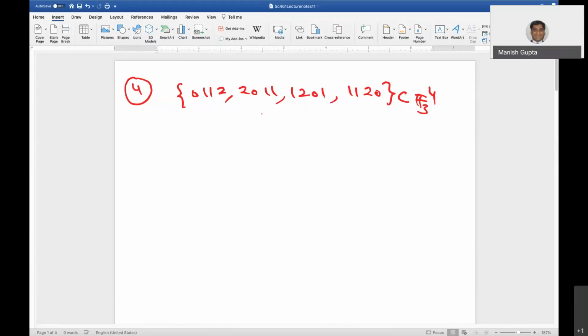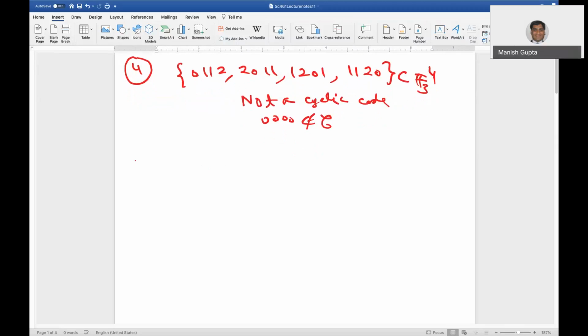Is this a cyclic code? No, not a cyclic code, because 0000 is not there.